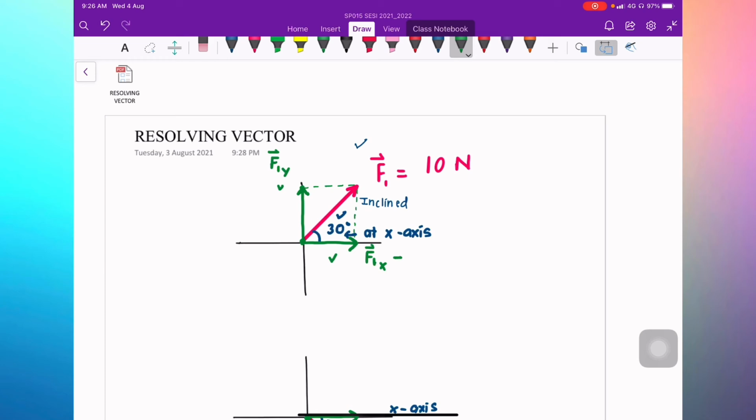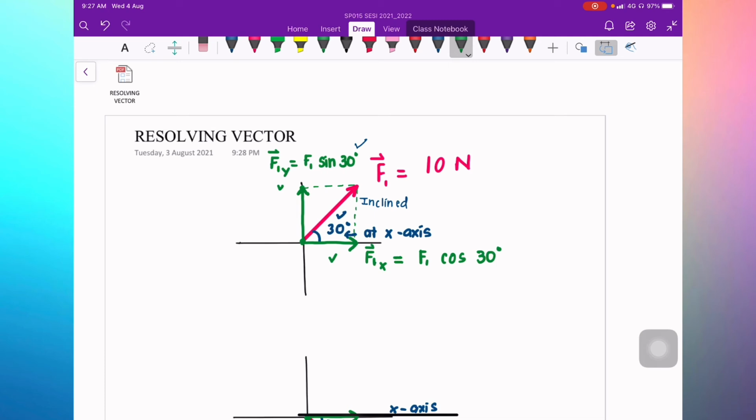So for resolving, the magnitude for F1x becomes F1 cos 30. Then for the magnitude F1y, we can write F1 sin 30.